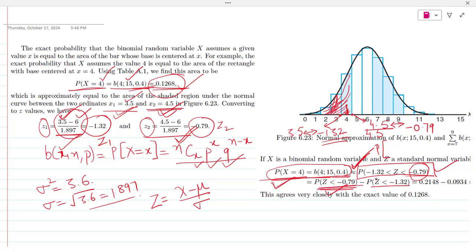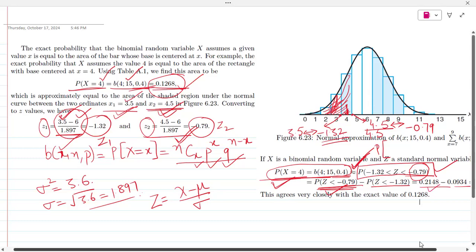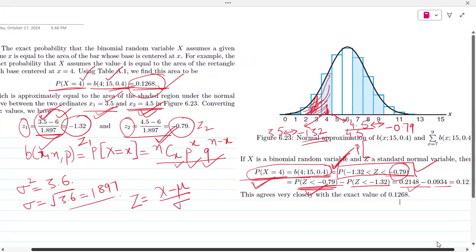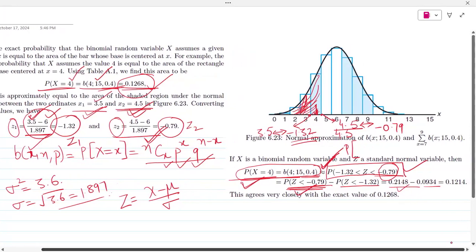Now, these values are from the normal probability tables that we have discussed. From that, we have this value, 0.1214. And it is mentioned that this agrees very closely with this value, meaning this value is approximately equal to this one.